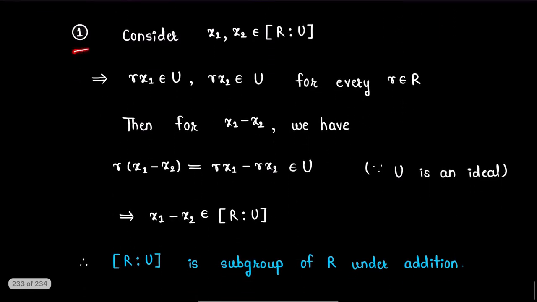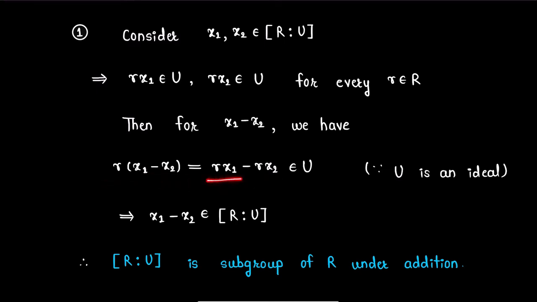For this, number 1, consider any two elements, say x1 and x2, from this set. So we have rx1 is an element of ideal U and also rx2 is an element of ideal U for every element r from ring R. Then for x1 minus x2, we have r(x1 minus x2) equals rx1 minus rx2.